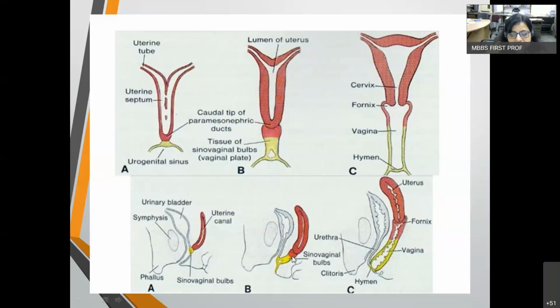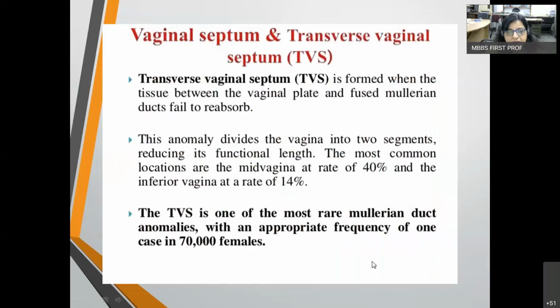The sinovaginal bulb is over here, and then canalization is finally taking place. This is one anomaly, that is, a transverse vaginal septum may be present in the vaginal plate, and this is a rare anomaly, almost 1 in 70,000 females.